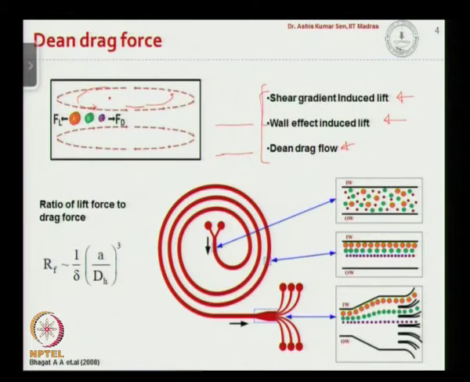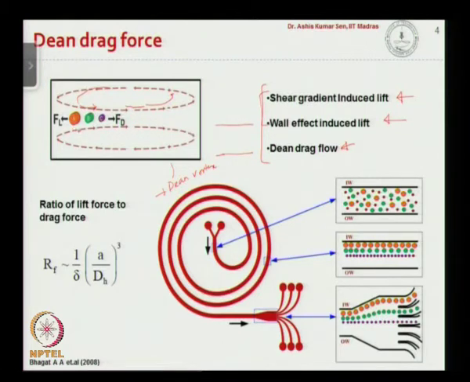As a result we would have two opposite vortices at the top and bottom walls. These vortices are called Dean vortices, and the direction of the drag force induced because of this Dean vortex is towards the center.